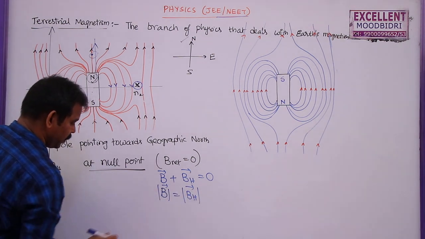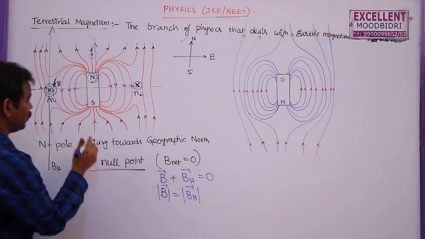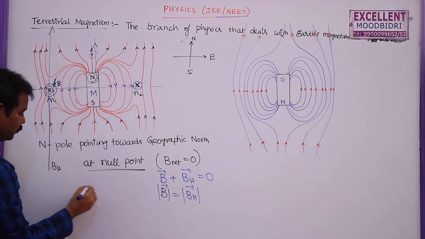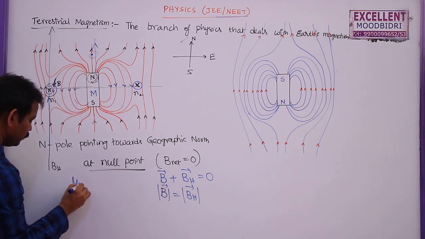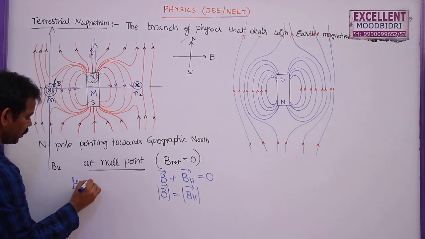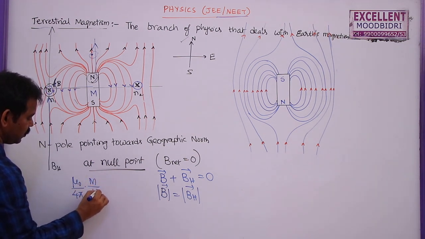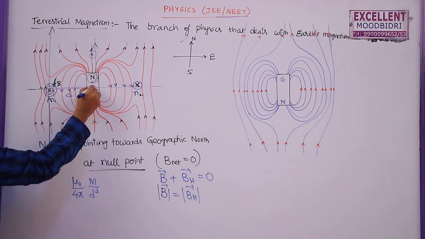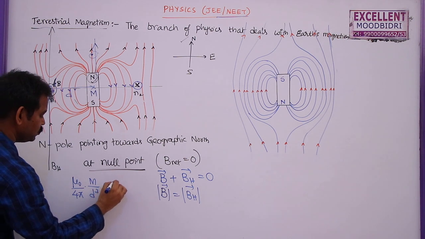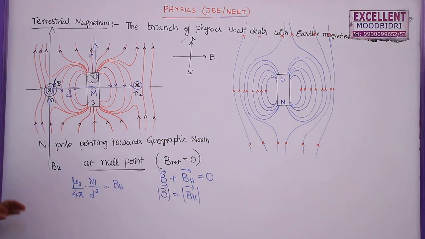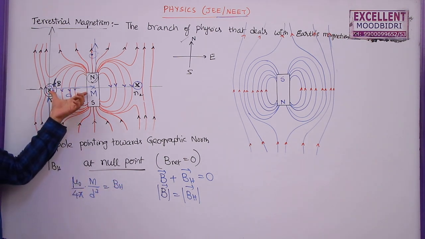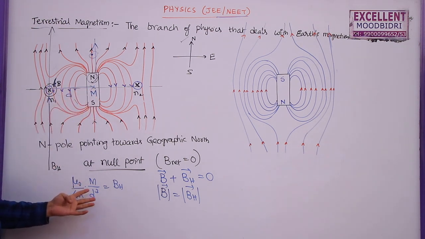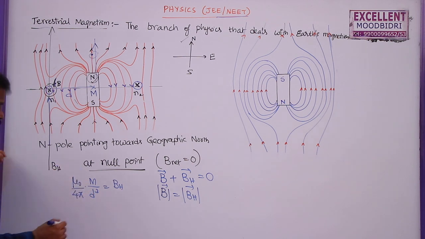So if you take only the magnitude, what is the magnetic field induction on the axial line of a bar magnet of magnetic moment M? On the axial line, this is given by mu naught by 4 pi, M by d cube, as it is the equatorial line, magnetic moment by the distance from the center to this point, d cube, which is equal to BH. So to find the distance of the null point from the center of the bar magnet, we can use this formula. You will get the d cube value, and from this you can find d.